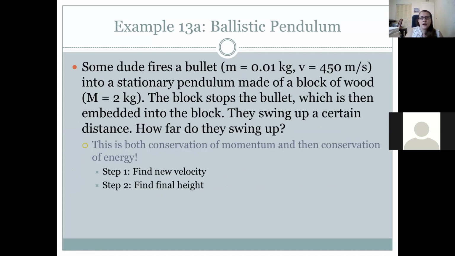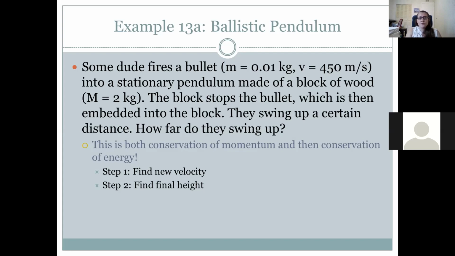And we want to know how far up it swings. So some dude fires a bullet with a mass of 0.01 kilograms and a velocity of 450 meters per second into a stationary pendulum made of a block of wood with a mass of 2 kilograms. The block stops the bullet, which is then embedded into the block, and they swing up a certain distance. How far do they swing up?